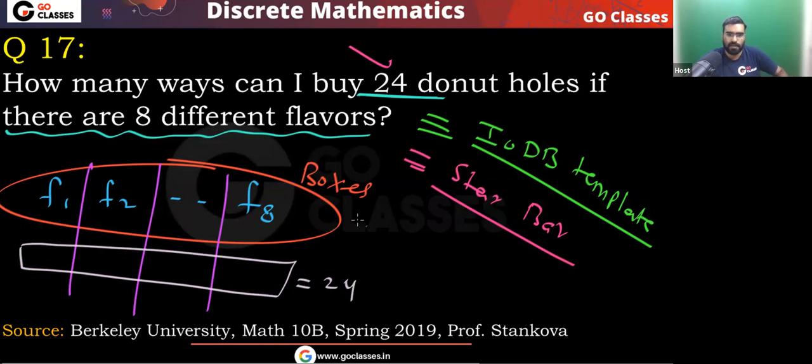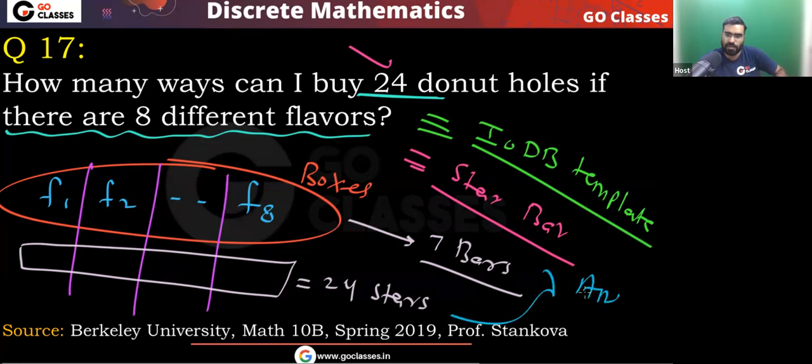Here, 8 boxes means total 7 boundaries you need, right? And these are the stars. So the final answer will be 24 plus 7, C7. 31C7. This is your answer.